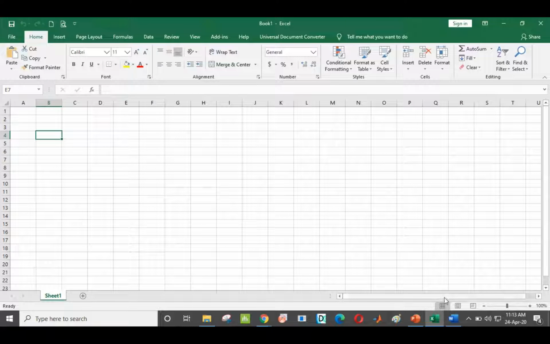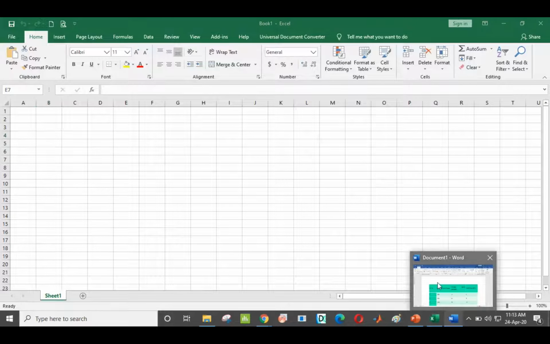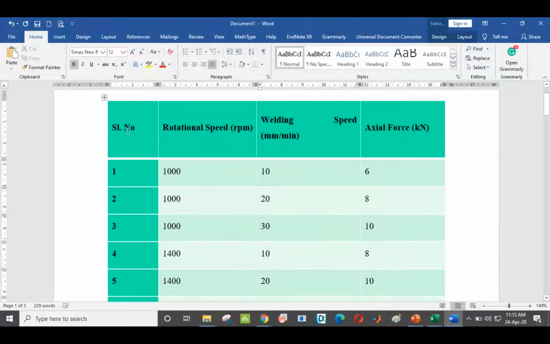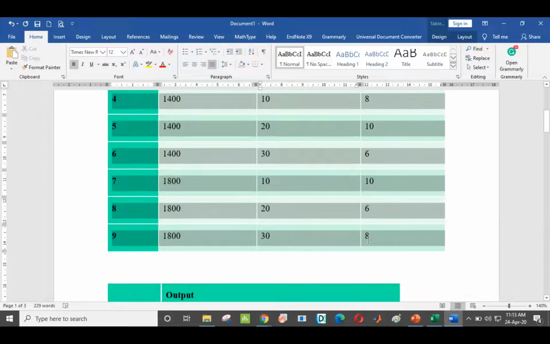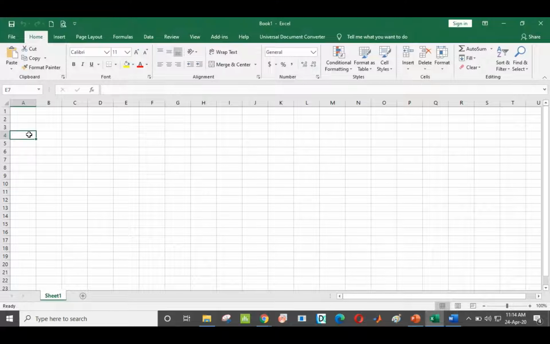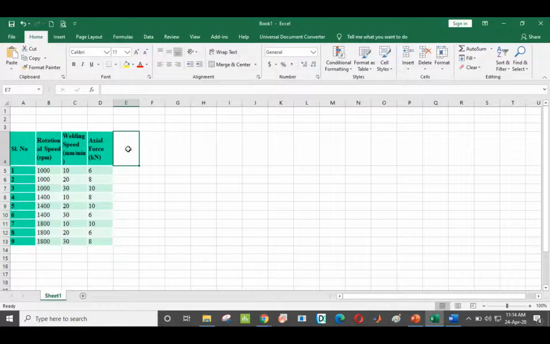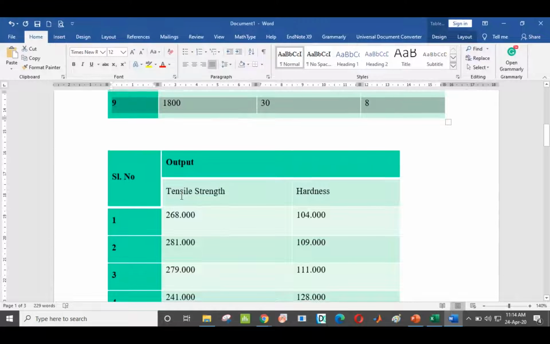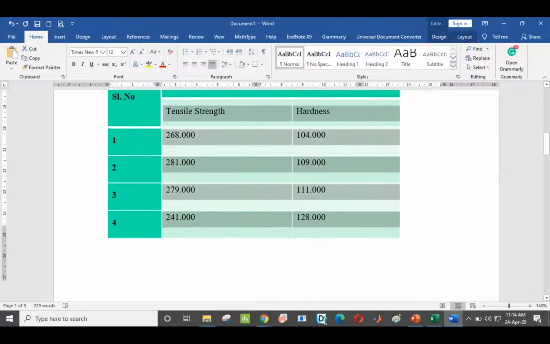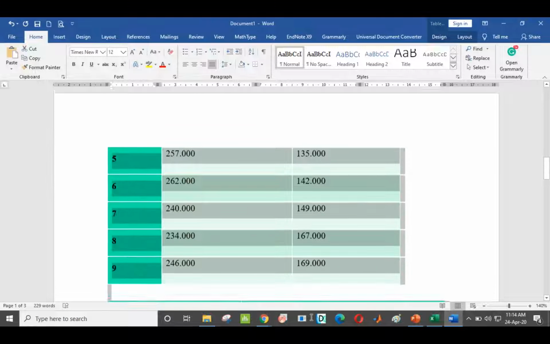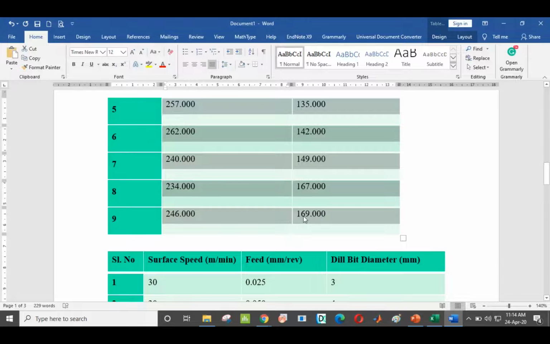So the first example that we are going to look at is the friction weld speed. I am going to just copy and paste the values which I have. Okay, this is my input. Next, I am going to have my outputs.